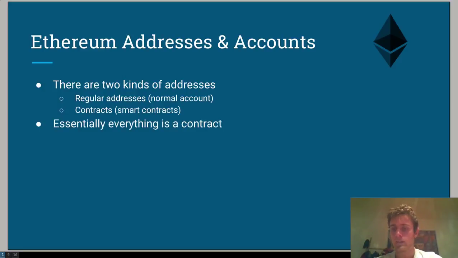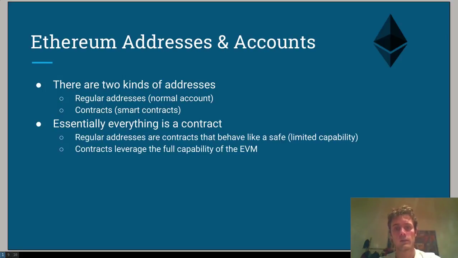You could say everything is a contract, essentially. A regular address is just a contract that has the limited functionality of a safe. And contracts in general leverage the full capability of the Ethereum virtual machine, because as we heard before, it is a platform that basically enables contracts that were programmed using a Turing-complete programming language.